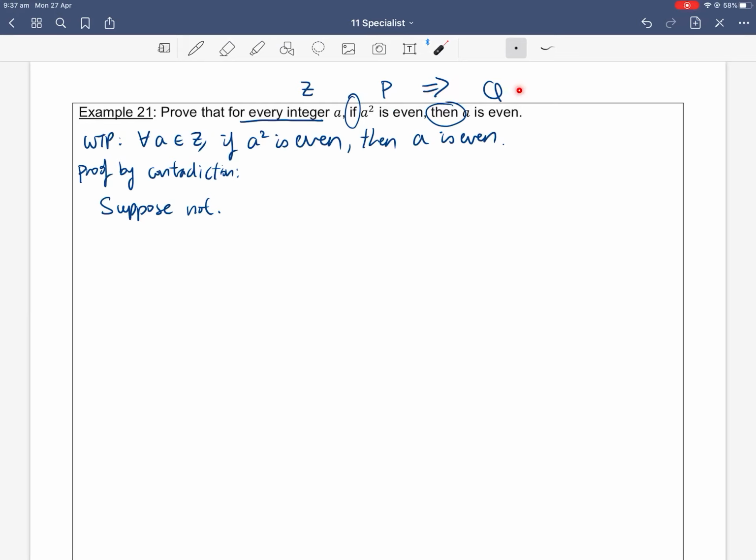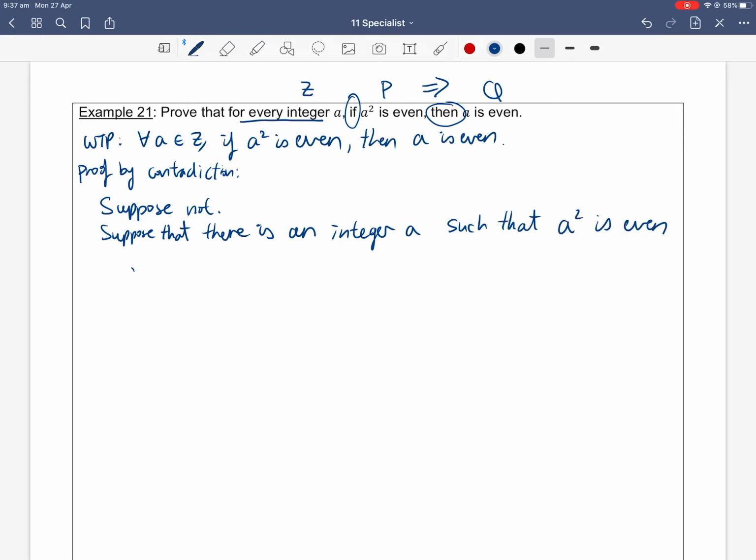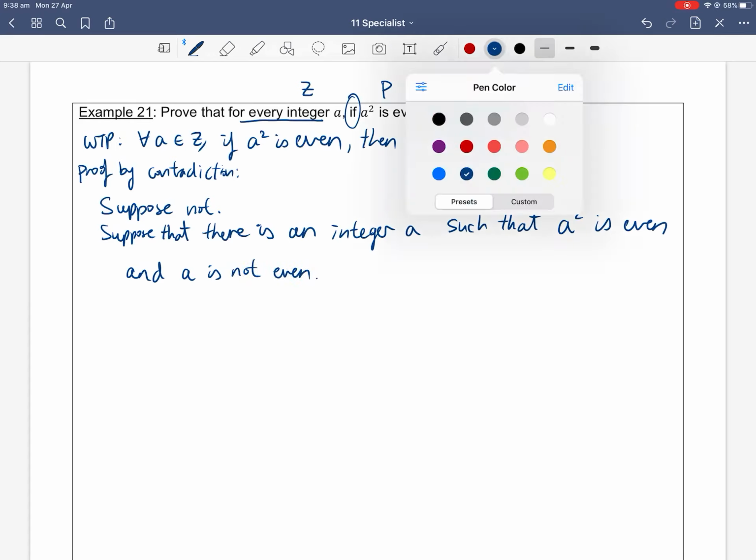Remember, the opposite of P implies Q is P and not Q. So we're supposing the opposite of P implies Q. We suppose that P happens, so suppose that there is an integer a such that a squared is even, and we suppose that not Q, which means a is not even.